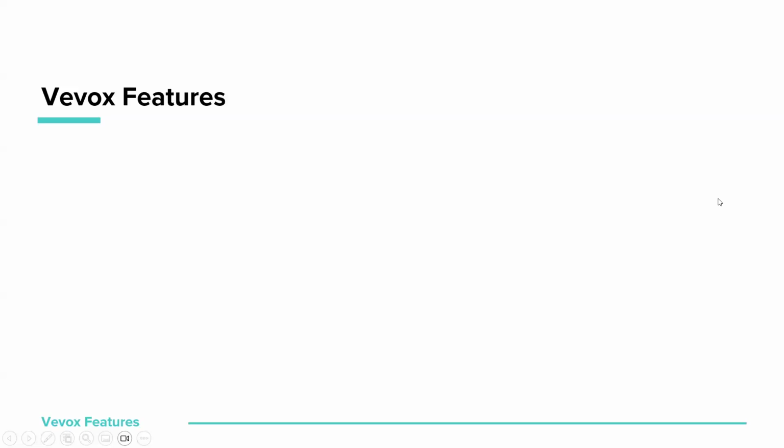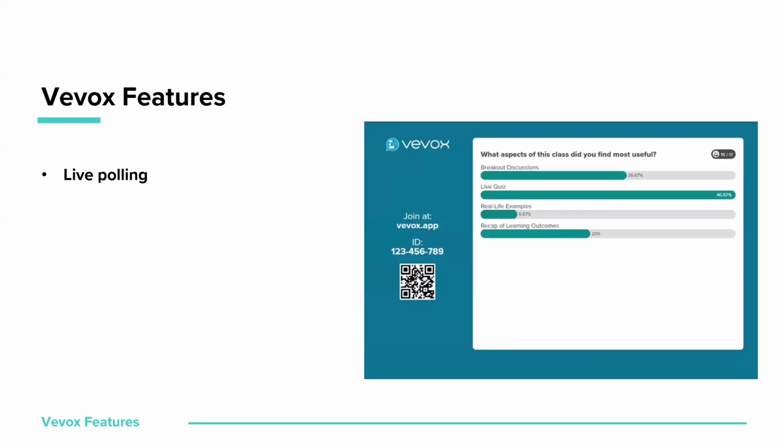I'll go over some of the features of Vevox. Vevox allows for live polling. You could ask people a question and get them to vote on answers, and then show which answers are the most popular. So you can gauge interest in certain topics, or see people's opinions on different things, which is really good for events.